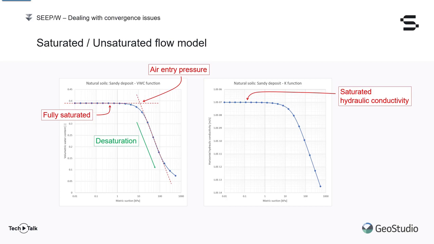As suction increases and the air entry pressure is eventually reached, desaturation begins and the hydraulic conductivity starts to decrease. As more air replaces water in the soil's pore, water transfers get increasingly difficult. The saturated hydraulic conductivity thus corresponds to the highest hydraulic conductivity a soil can exhibit. The hydraulic conductivity function must be defined in SeepW to complete the definition of a saturated-unsaturated soil model.